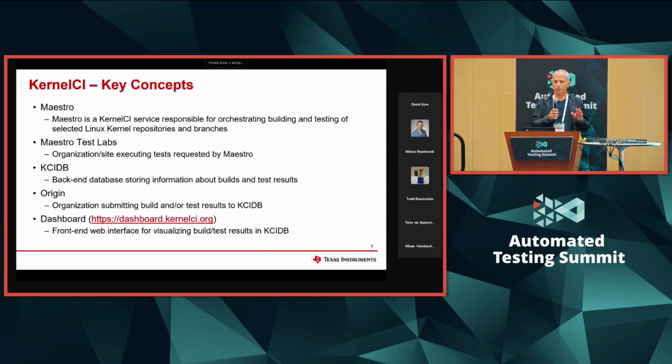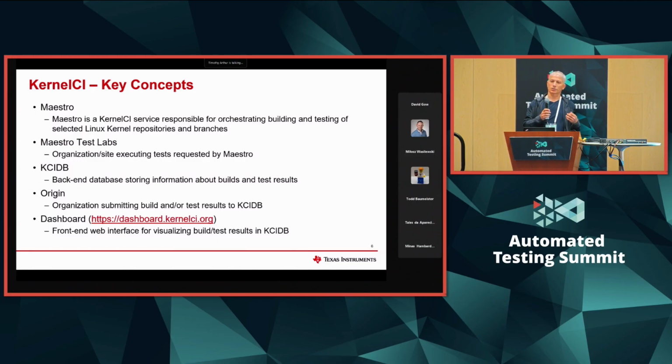Some of the key concepts, again, Gustavo talked through this, but these are the concepts that I will be referring to as I walk through my presentation. Maestro is the central piece in Kernel CI to orchestrate the build and test flow. Maestro test labs are the labs responsible for executing tests requested by Maestro.